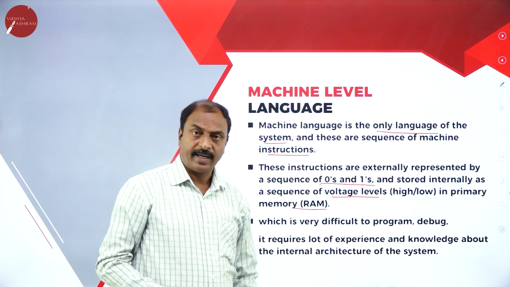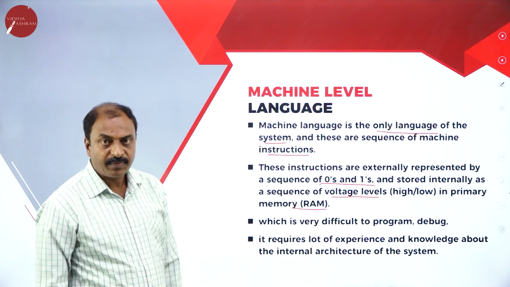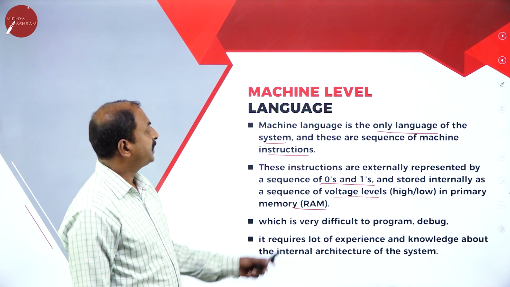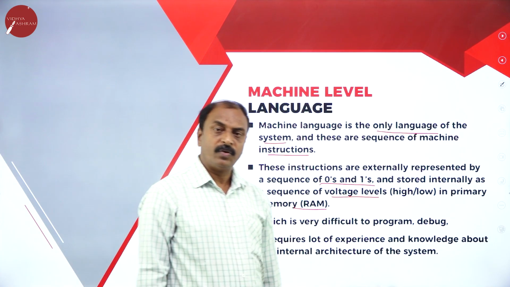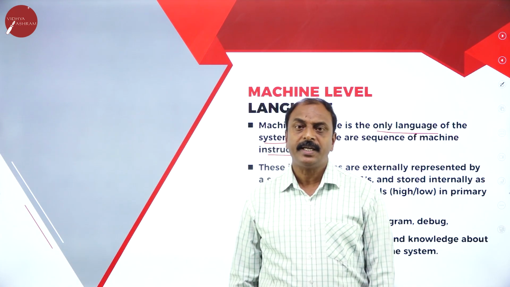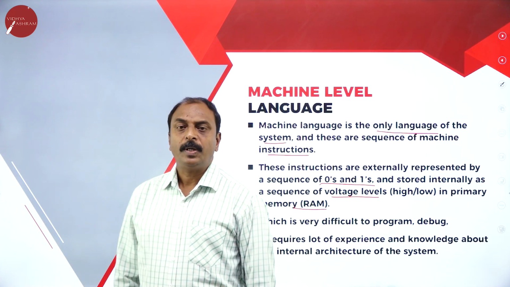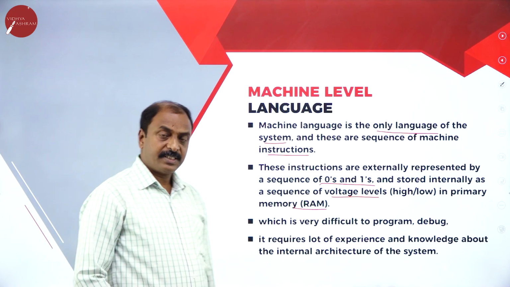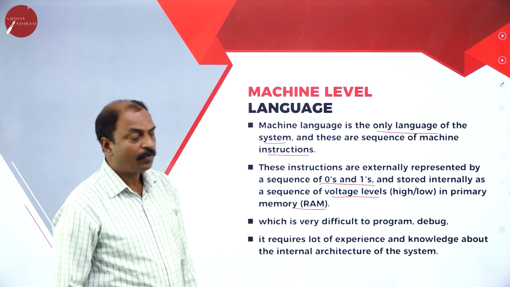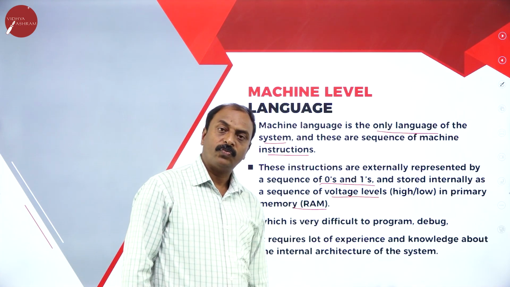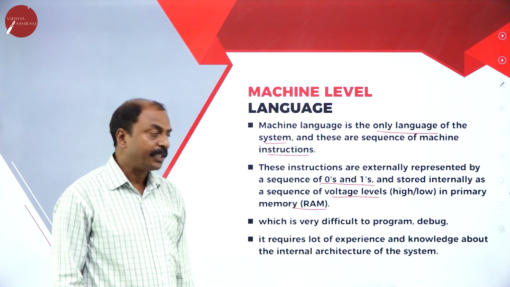What is the machine level language? This machine level language consists of a sequence of zeros and ones. Here zeros and ones we term as bits and bytes. So machine level language is nothing but a group of bits and bytes forming a machine level language instruction.